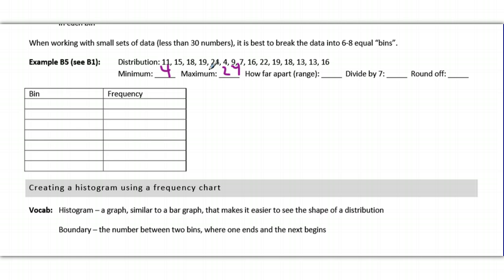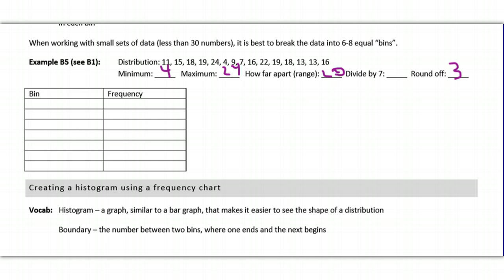They are 24 minus 4, so they are 20 apart. Then we take that 20 and divide it by 7. 20 divided by 7 is pretty close to 3, so when we round it off, it's going to be 3. We're not worried about exactly what it is, but 20 divided by 7 is roughly 3.